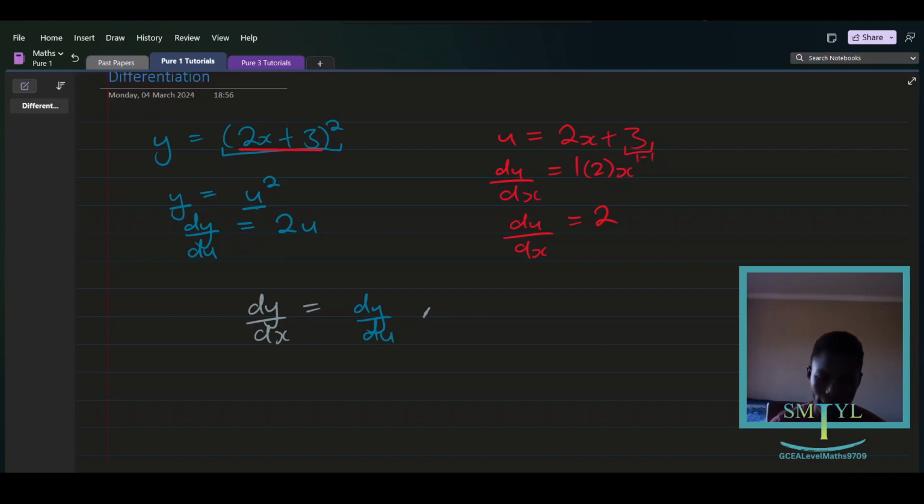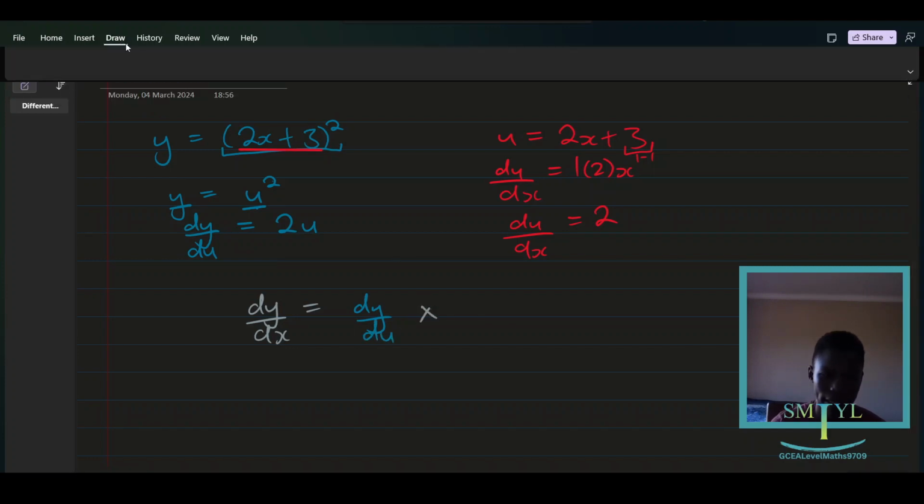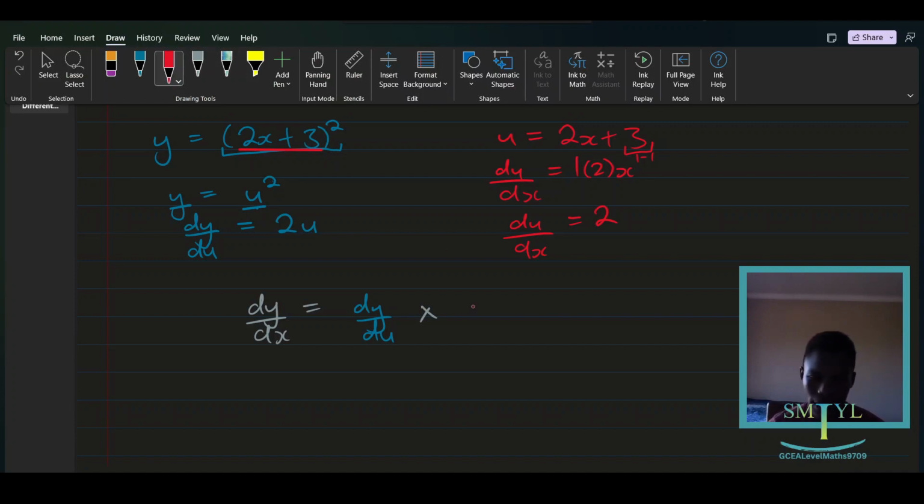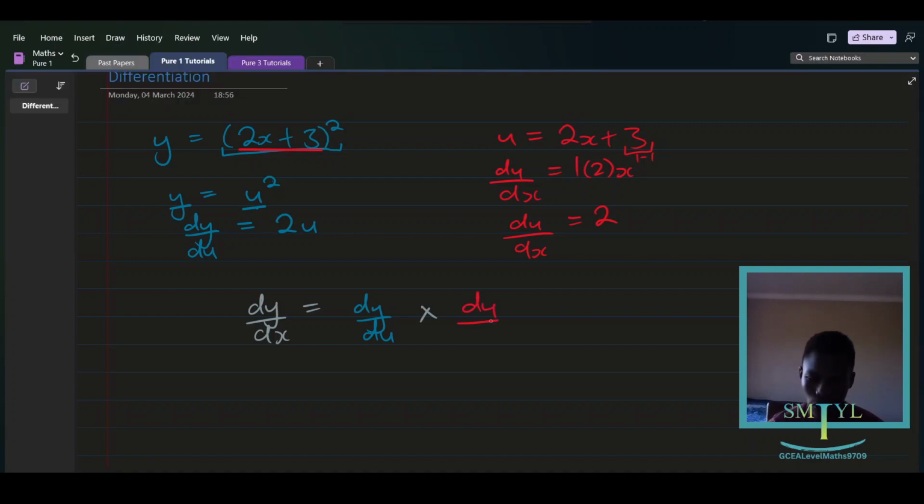So we can say that dy/du times du/dx will give us dy/dx. Notice that if you were to cross out the du's, you'd go back to dy/dx.